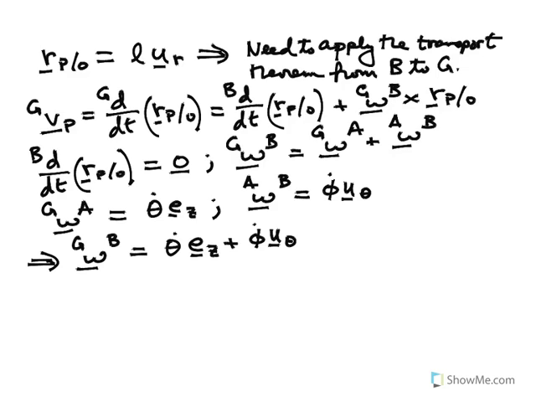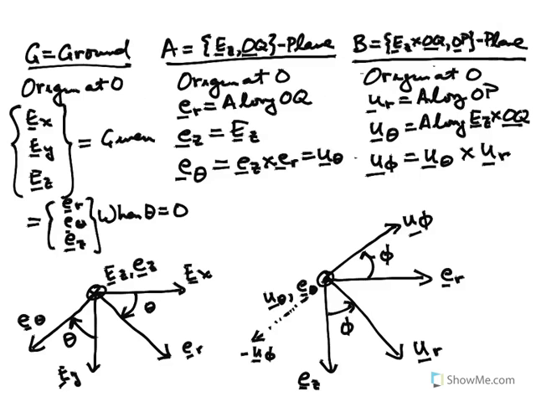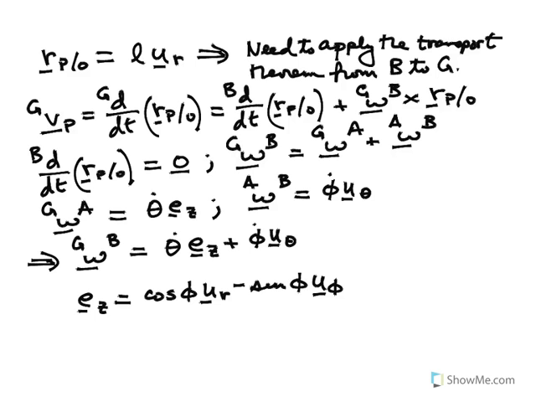So let's write that down. EZ is equal to cosine of phi times UR minus the sine of phi times U sub phi. And again, that comes from the fact that EZ lies between UR and minus U phi, and the angle phi takes us to the adjacent side, which is UR. So that's why that's the side that's multiplied by cosine.